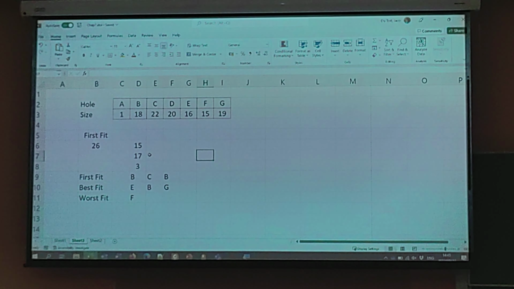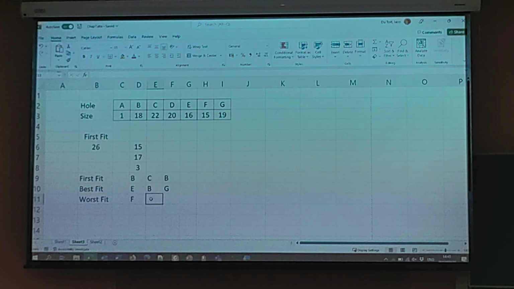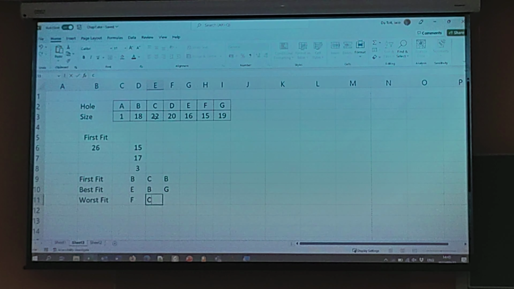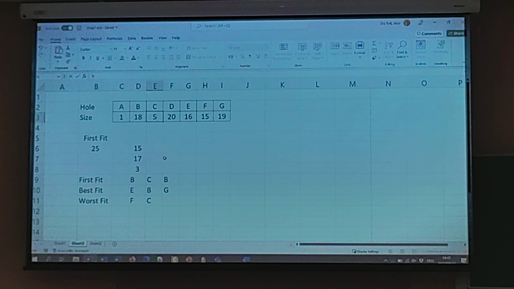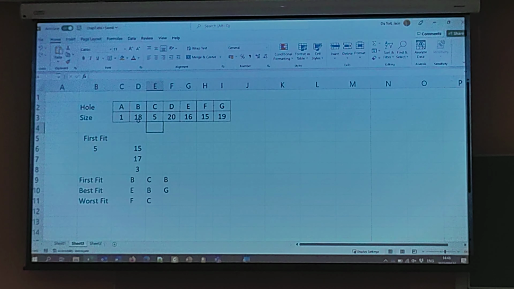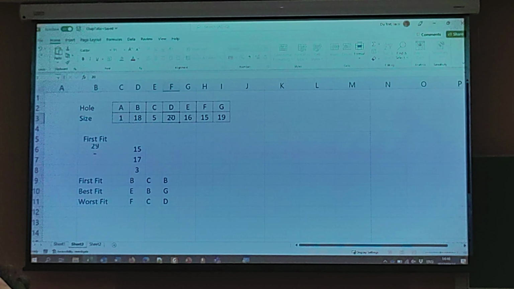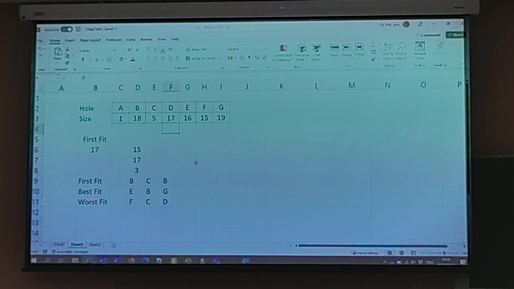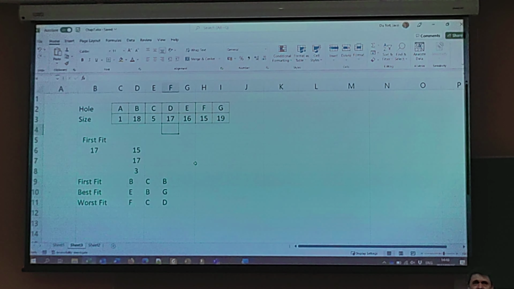Then the next one is C. 17 minus 22, we get 5. And then the biggest number is D. That is 17. That's how it is. Kind of makes sense.